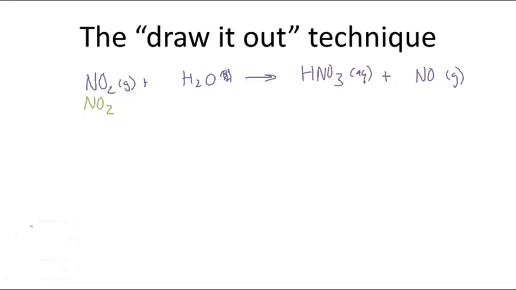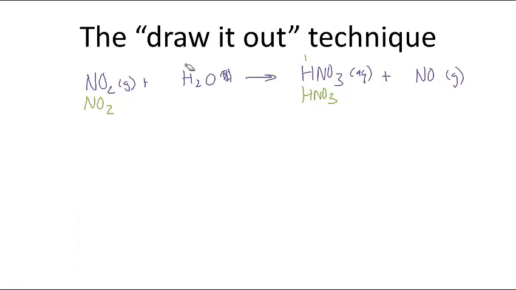Now I'm going to check. I tend to do oxygens last. There tends to be more oxygen than anything else in these chemical equations. So I tend to do that last. So I'm going to go over to my H's. So on this side I have 2. On this side I have 1. Well, that means I need another nitric acid, HNO3, over here.